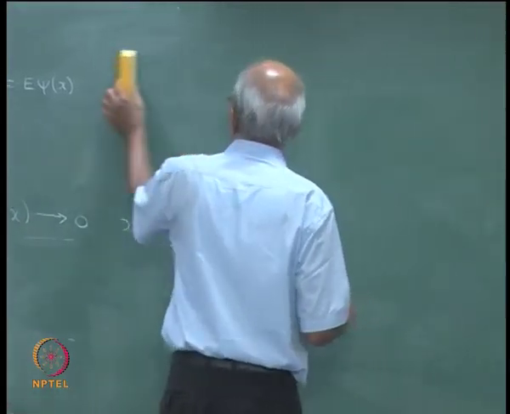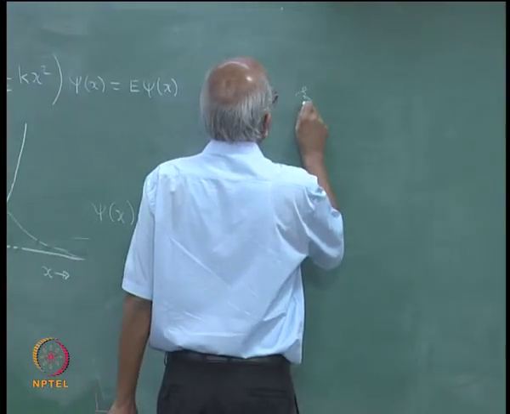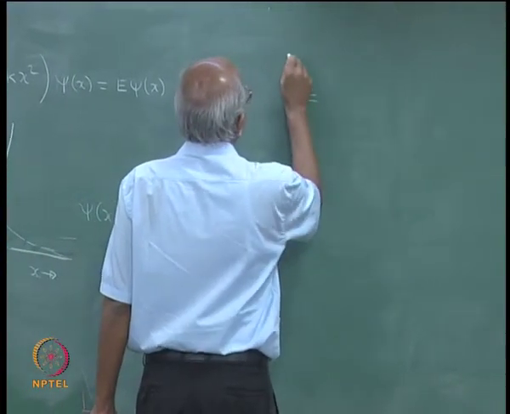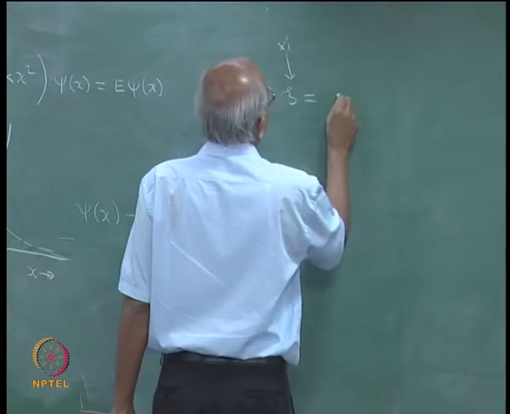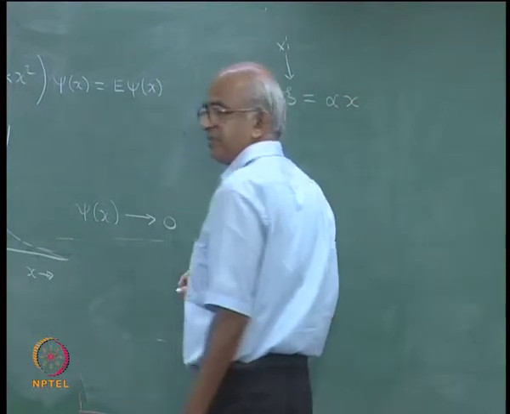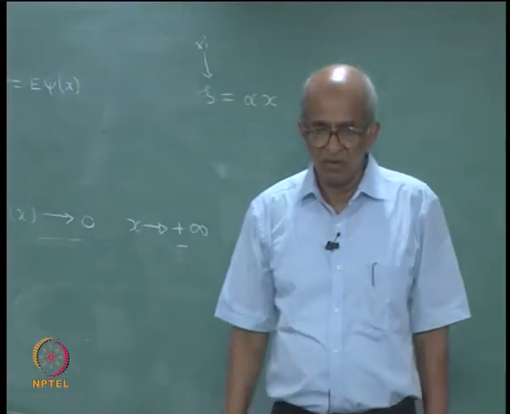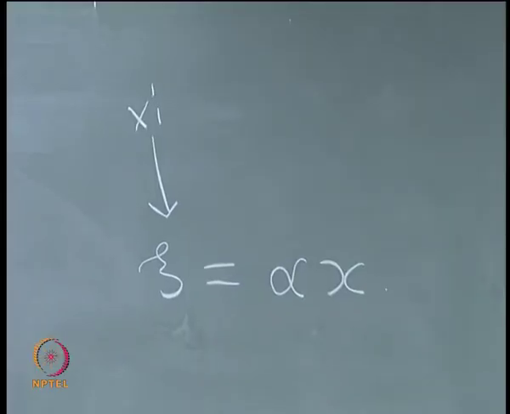So, what I will do is I will define a new variable which I will denote as c, this symbol is xi, and I will say that it is equal to a constant alpha times x. Okay.